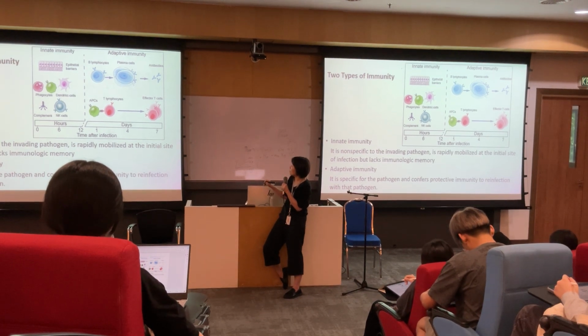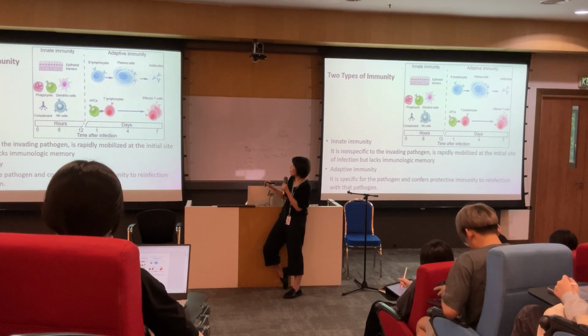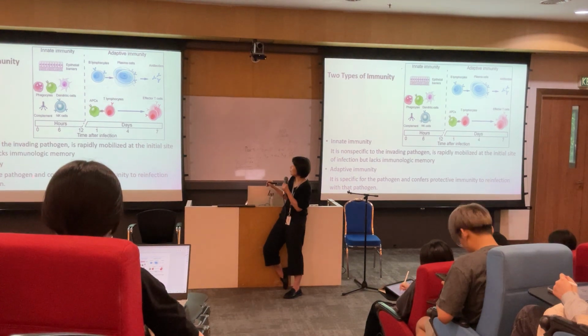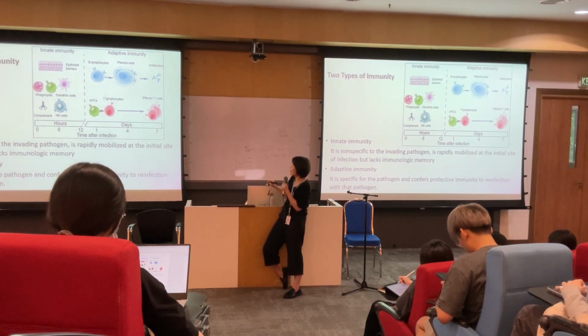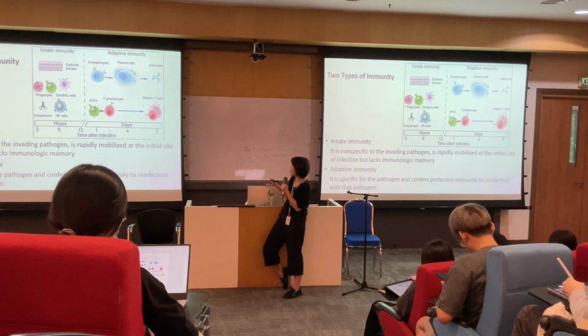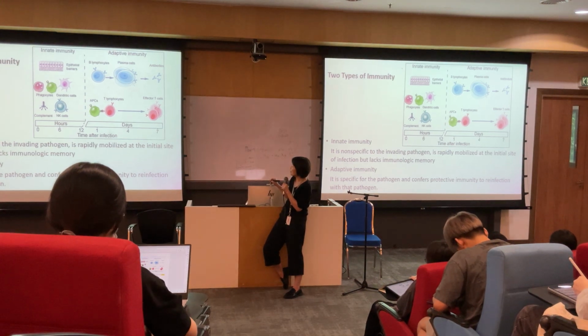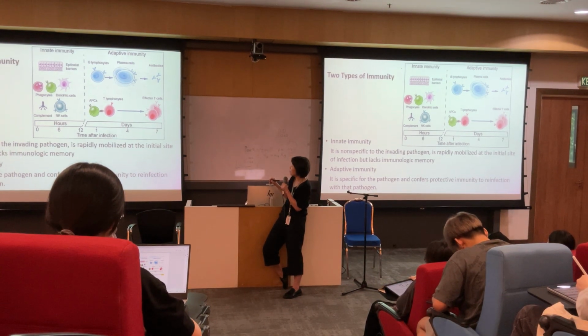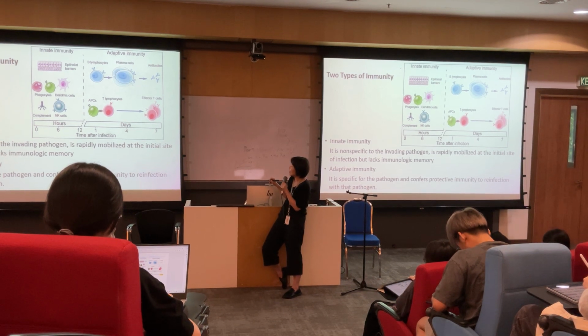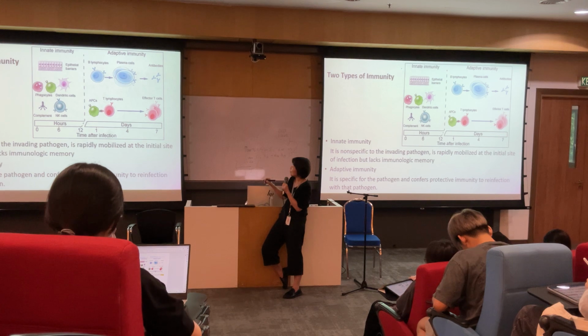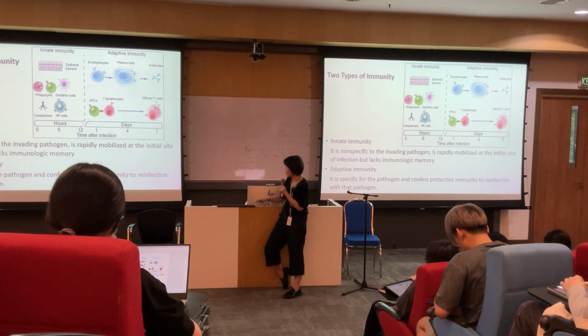The other one is more specific; it can recognize particular pathogens and protect against them, and then store it in memory for that particular pathogen. Once a second infection comes, they can recall and defend against that particular pathogen. So this is specific, this is non-specific.